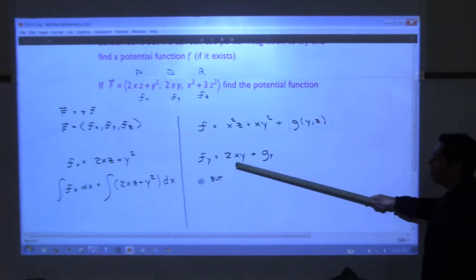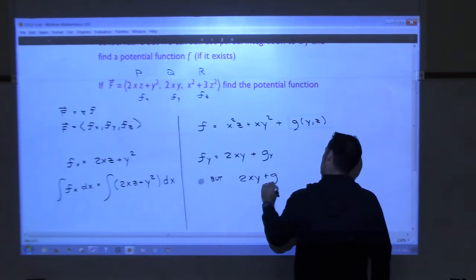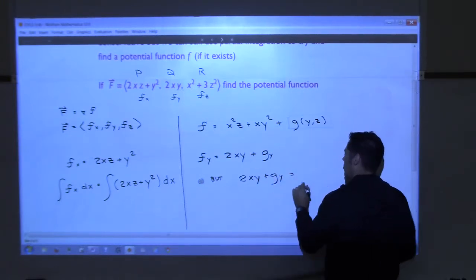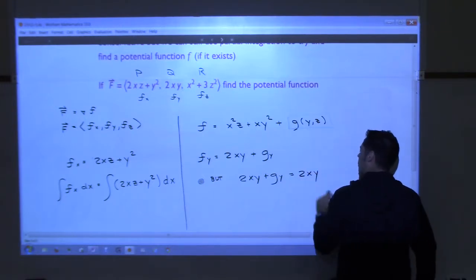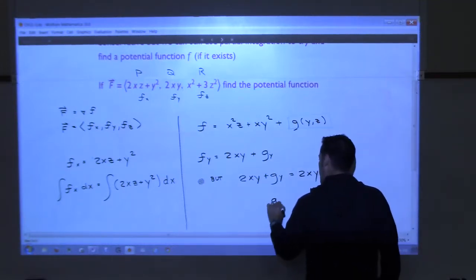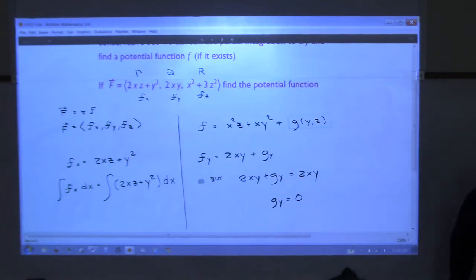But what must this match? 2xy plus the partial of g with respect to y must equal 2xy. This is a really boring example. Which means the partial of g with respect to y must be 0. Subtract 2xy on both sides.